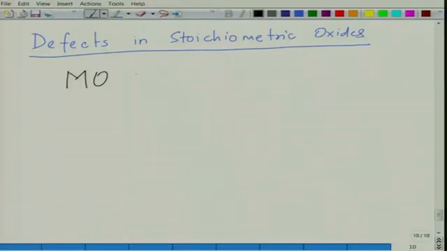If you have oxide MO, the stoichiometry remains M to O as 1:1. No matter what defect forms, the ratio of the number of metal ions to the number of oxygen ions always remains similar. So, the defects which form in such scenarios, you can have cation and anion vacancies.